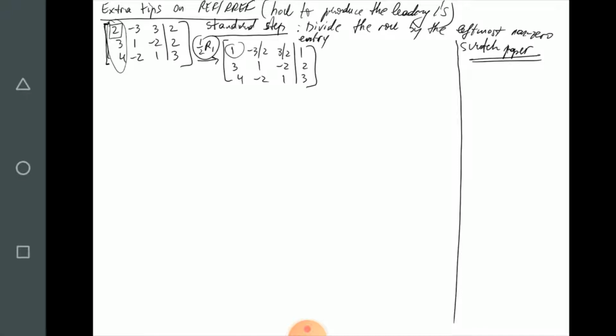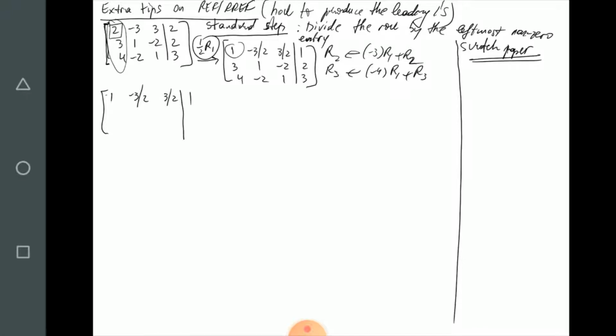The next step is to replace row 2 by minus 3 row 1 plus row 2, and row 3 by minus 4 row 1 plus row 3. The stuff you can do in your mind, you can do it, but when you handle the fractions, it's better to just take them separately.